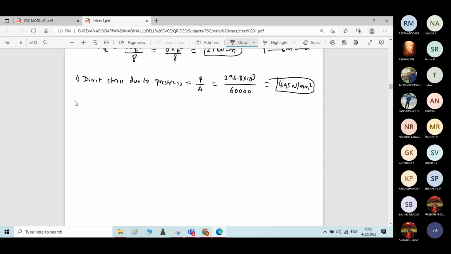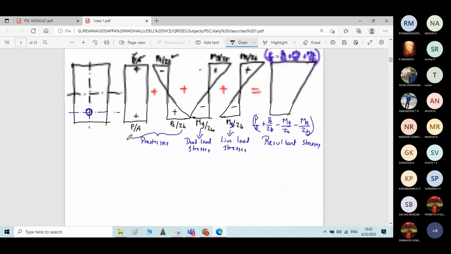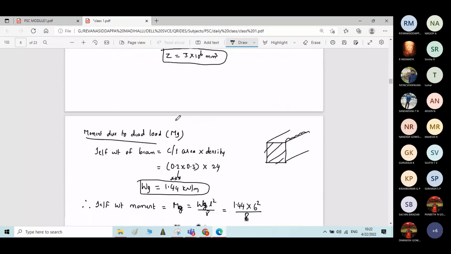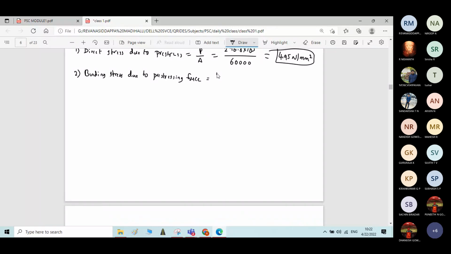Next, what is the next type of stress? Bending stress due to prestressing force, which is given by P e by Z. ZT and ZB are the same, so I'll just take it as Z. Prestressing force P is 296.8 into 10 power 3.